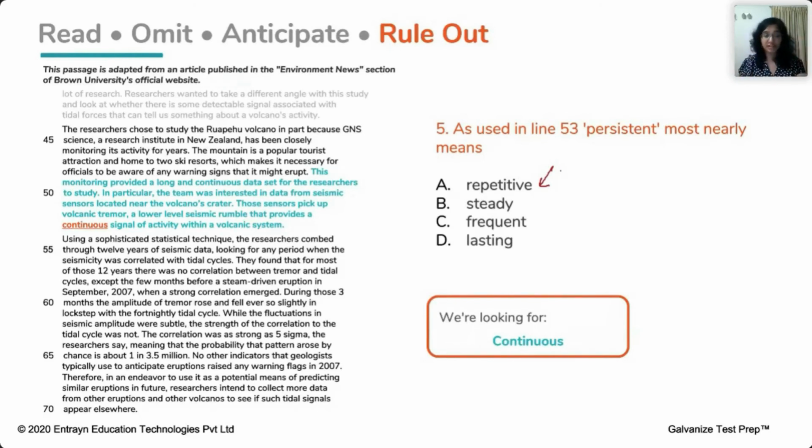So now you're able to see the nuance here, right? And you will find a lot of nuance when it comes to vocabulary. And we would strongly recommend that you build your vocabulary so you can get the nuances straight.